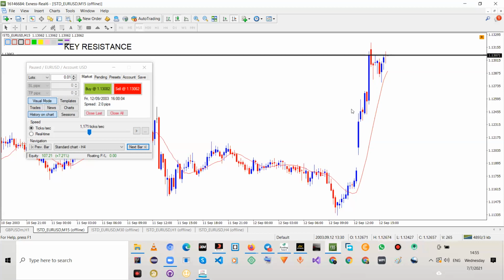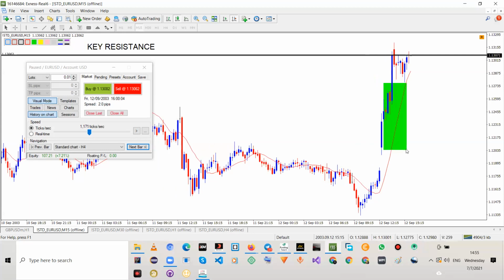These liquidity voids have to be filled. Price has to make sure that it always fills them, or it always rebalances the liquidity void. This whole area is a liquidity void because it hasn't been filled, from that area to this area.